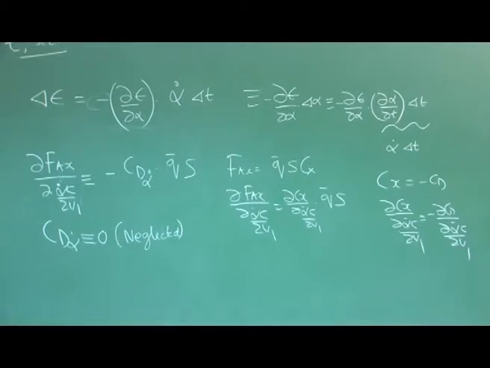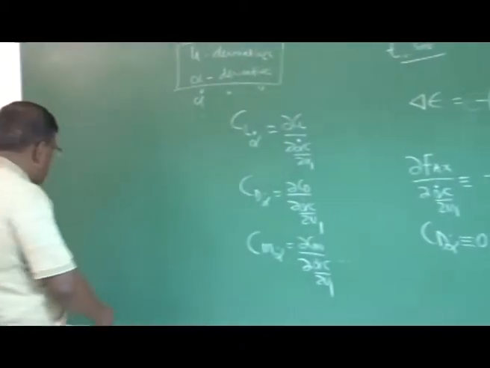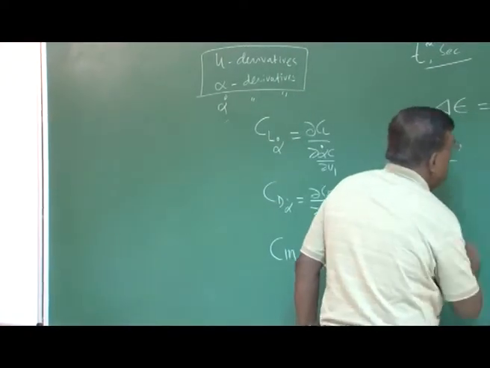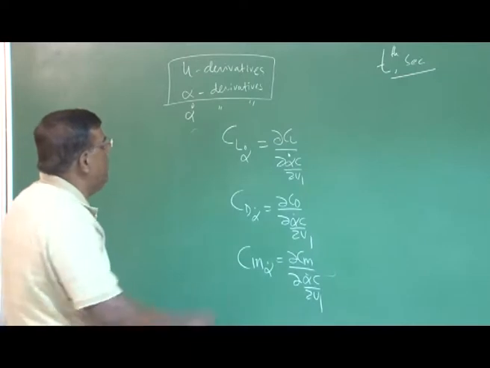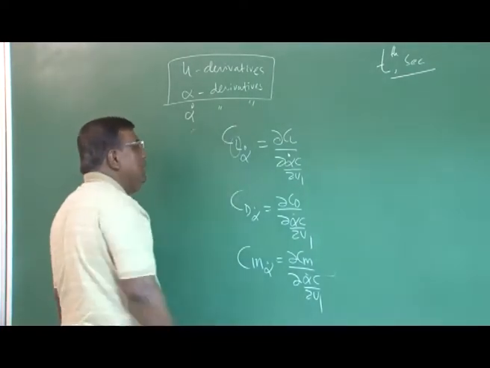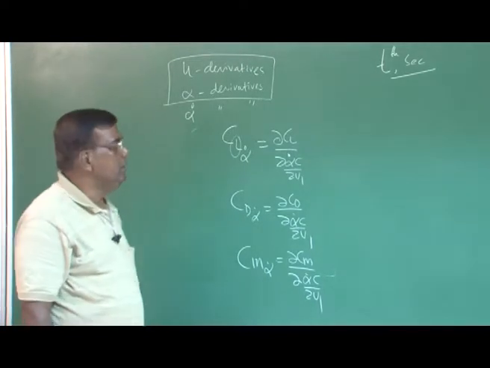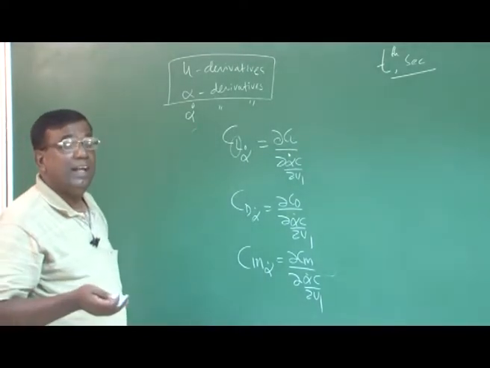Now comes CL alpha dot. Let us see what CL alpha dot is. The moment I see CL, and since we are working with x, y, z axes, I will start with FAZ.